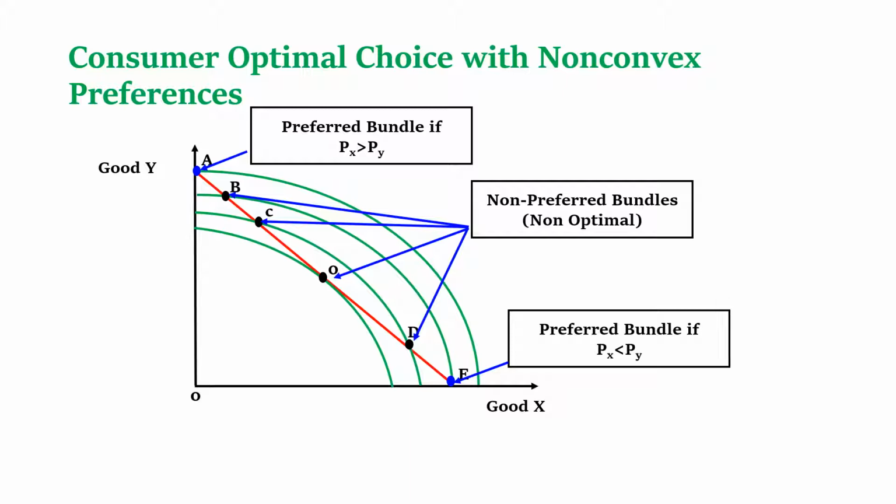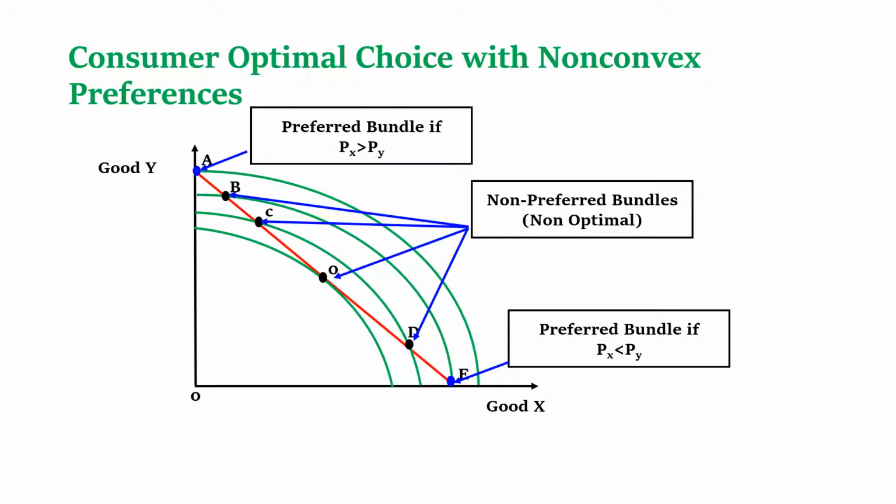So if the price of good Y is lower than the price of good X, then the consumer is going to spend all his income on good Y. So it's going to be at point A. But if the price of good X is lower than the price of good Y, then the consumer is going to spend all his income on good X, and it's going to be at point E. So as a matter of fact here, there is no interior solution.